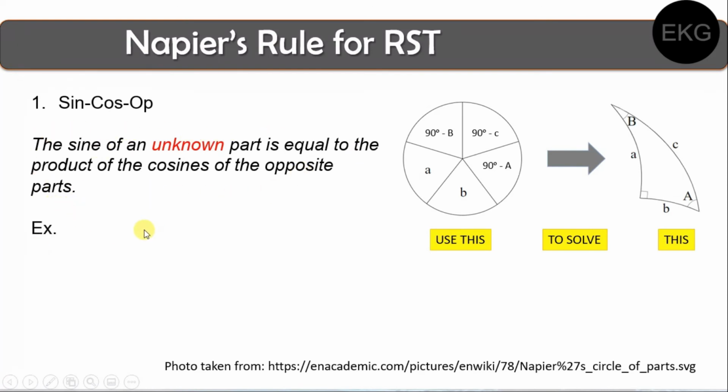So, example, hindi natin alam yung value ng side A. If this is unknown, using this tool, sabi niya dito, the sine of an unknown part, so sine ng A, is equal to the product of the cosines of the opposite parts.